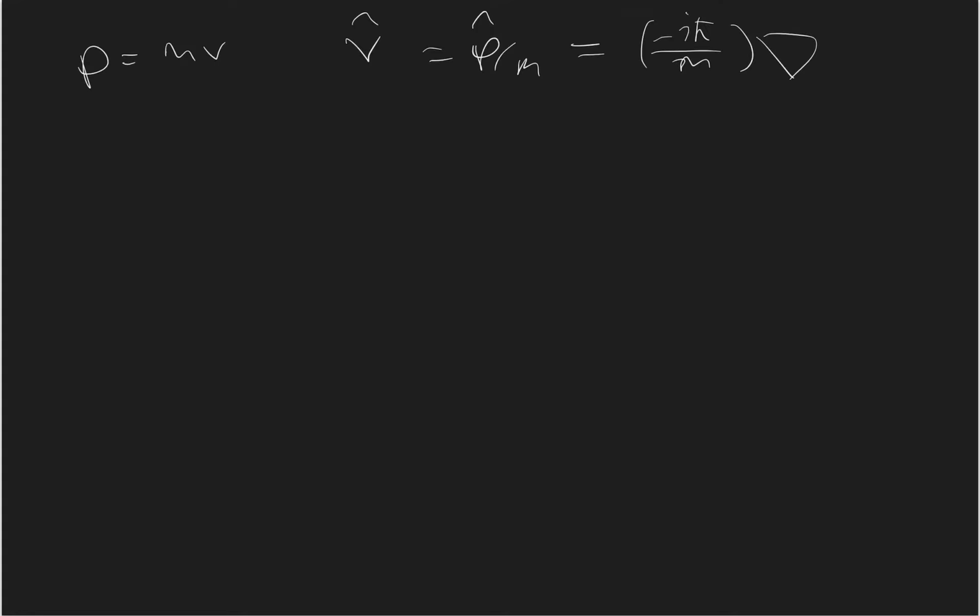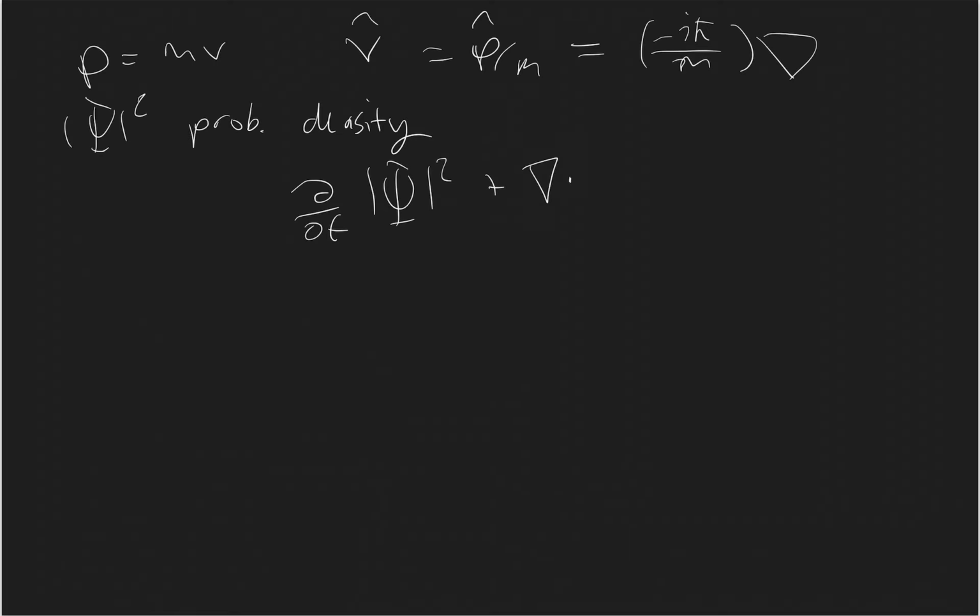What's interesting is the time derivative of the probability density. Remember, this is a probability density, or a probability distribution. This leads to a continuity equation that looks something like this, which is like a local conservation of probability. Whatever comes in must come out.